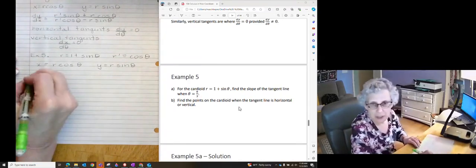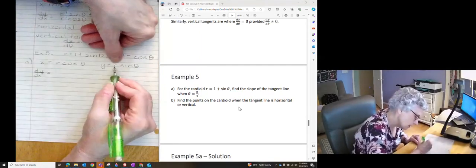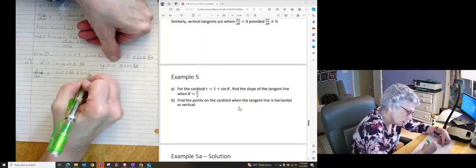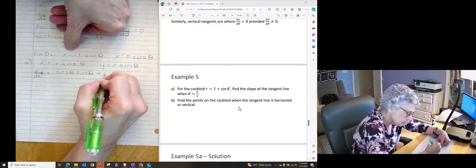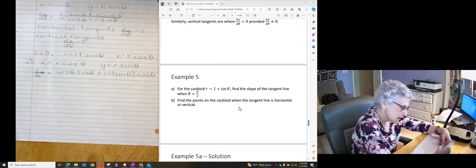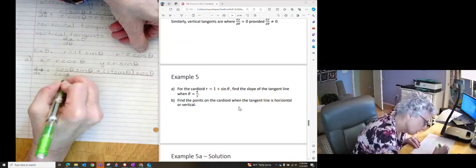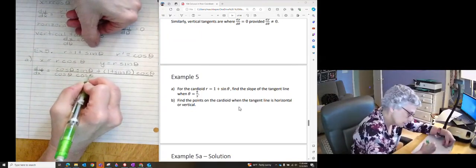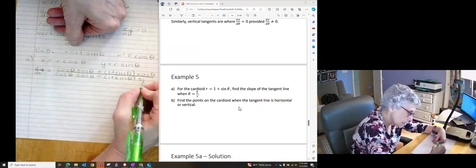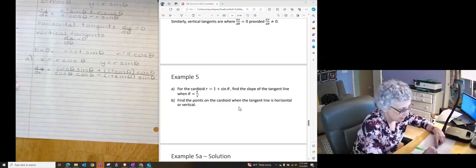Yeah, I know it was at the top of the page, but I write it down every time I do a problem because it helps me to remember that dy dx is equal to r primed, which would be cosine of theta, times sine of theta, plus r, which is 1 plus sine of theta, times the derivative of sine, which is cosine theta, all over r primed, cosine of theta, times cosine theta minus r times sine, because the derivative of cosine is negative sine.